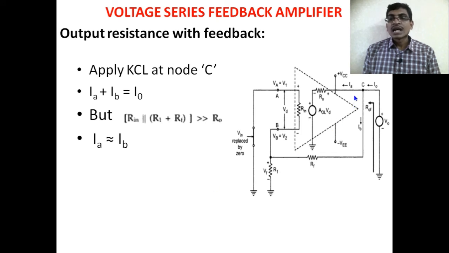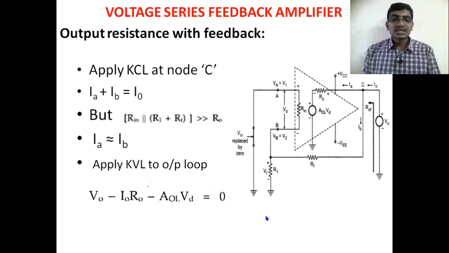Because of that, IA is approximately equal to IB current. And when we apply KVL for the output side loop, from AOL VD, R0 and V0, we get the output voltage V0 is equal to I0 R0.